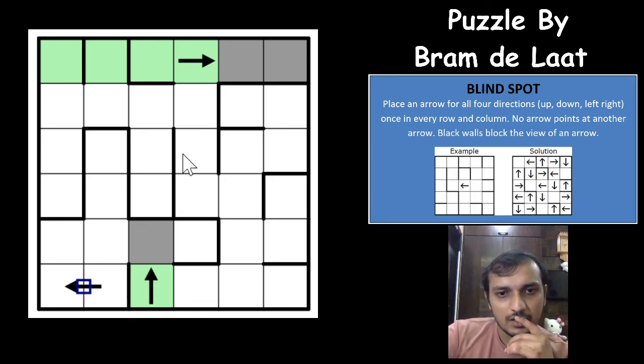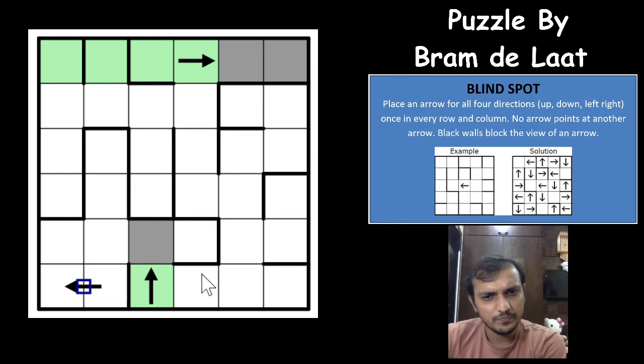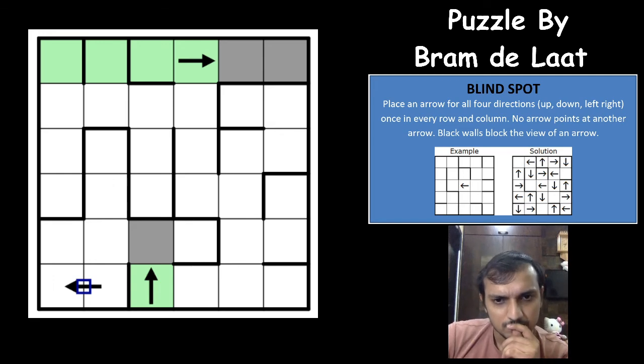Okay, and this cell cannot have a left arrow, cannot have a right arrow. It can have a bottom arrow, or the upper arrow. Okay, nothing from that actually.